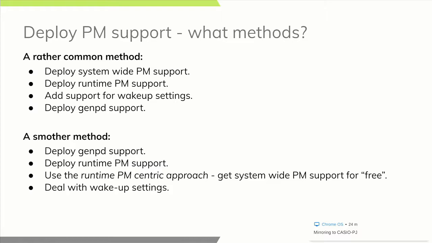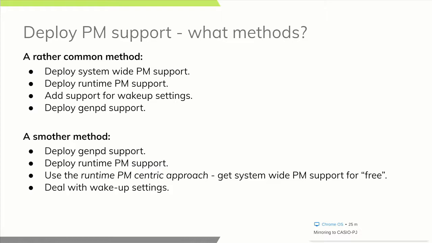And then at a later point you realize, oh, I have this shared power rail, I need to deal with that as well, so you add that on top. That kind of works, no problem with that, but there is a smoother way of doing things.